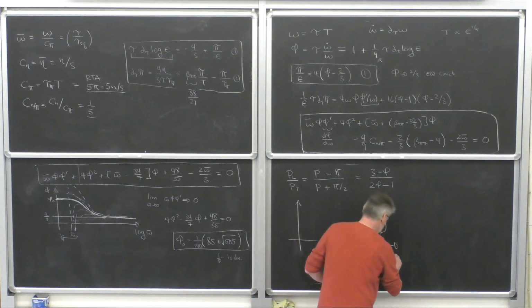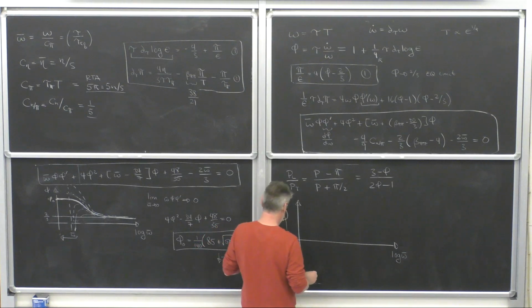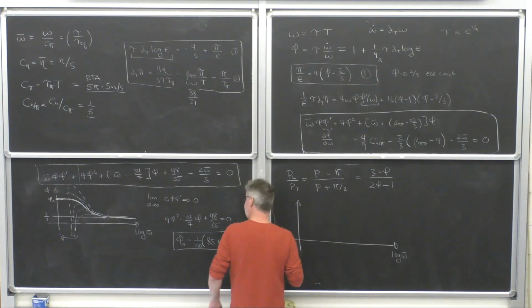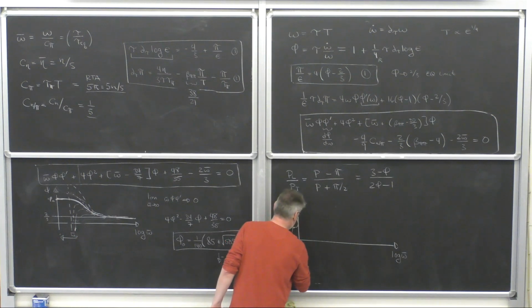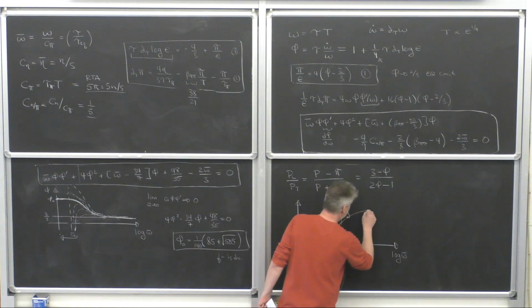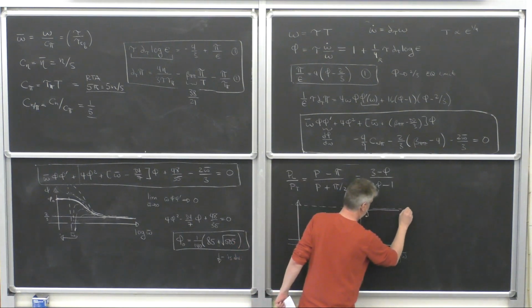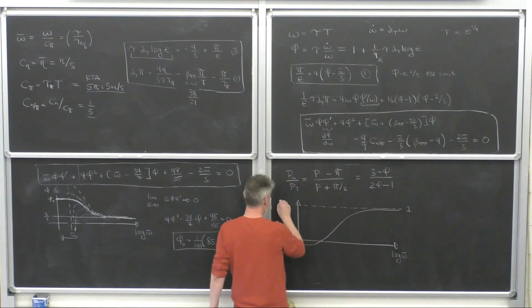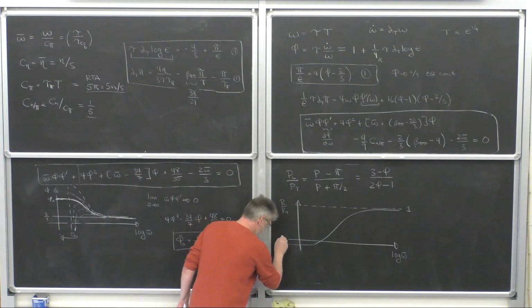So again, as a function of log of this rescaled dimensionless time, this DNMR solution looks like this. The attractor solution, where this is 1, and this is 0 down here.